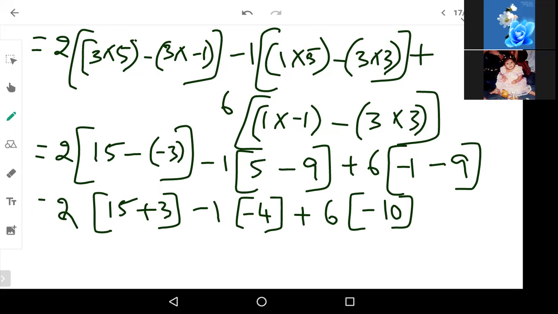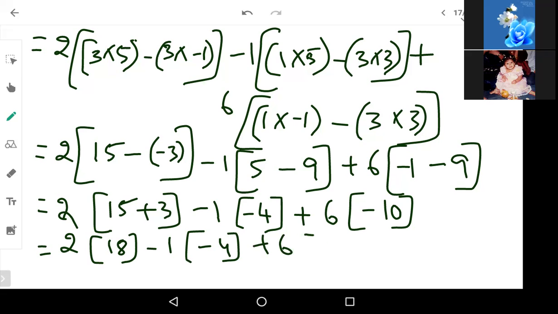Okay. So next step, 2 into 15 plus 3 is 18, minus 1 into minus 4, plus 6 into minus 10. So 2 into 18 is 36, minus 1 into minus 4. Minus into minus is plus, 1 4s are 4.